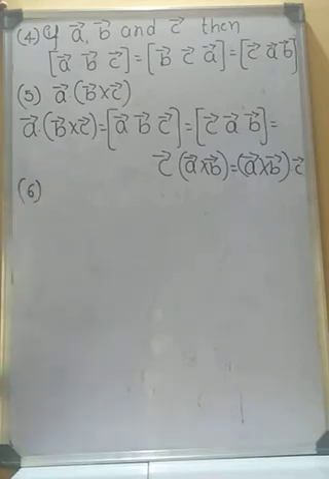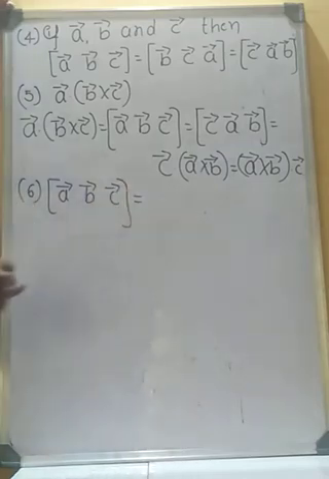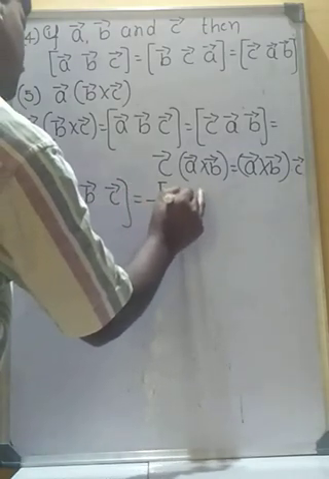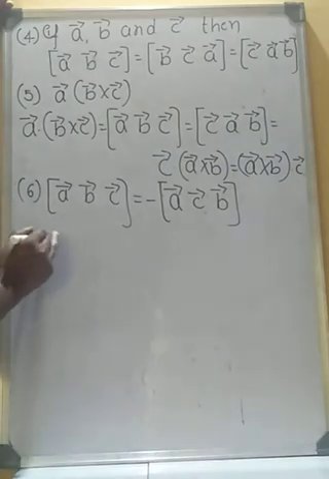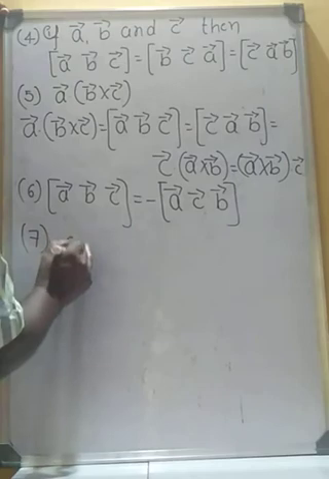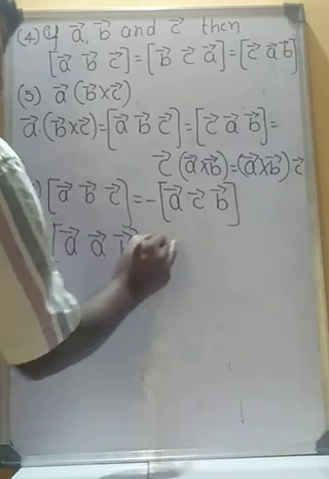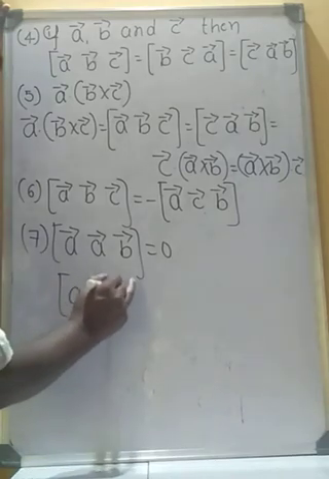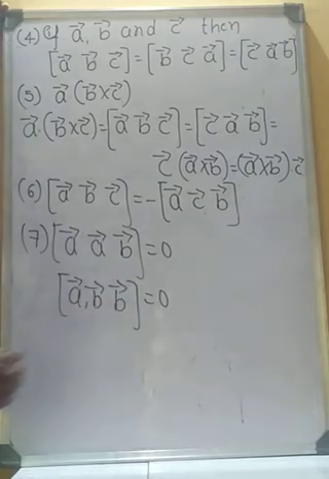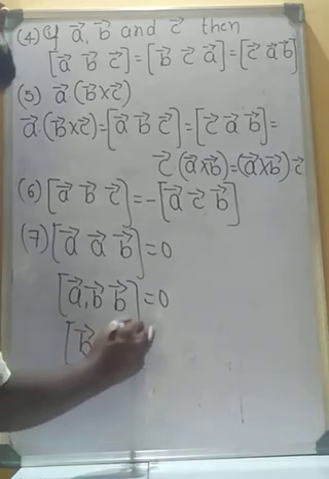Sixth observation: the box product of vector A, vector B, vector C is equal to minus the box product of vector A, vector C, vector B. Seventh one: the box product of vector A, A, B is equal to 0, or of vector A, B, B is also equal to 0, or of vector B, C, C is equal to 0.